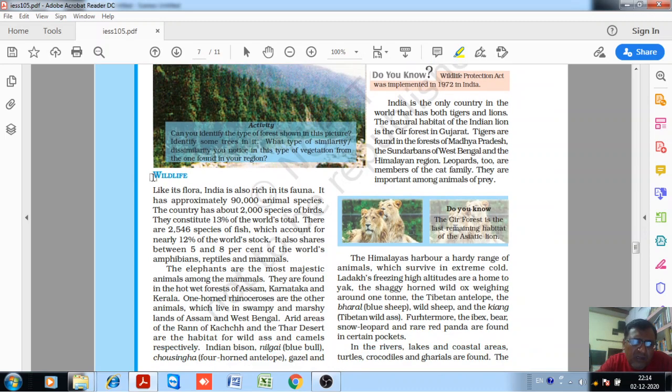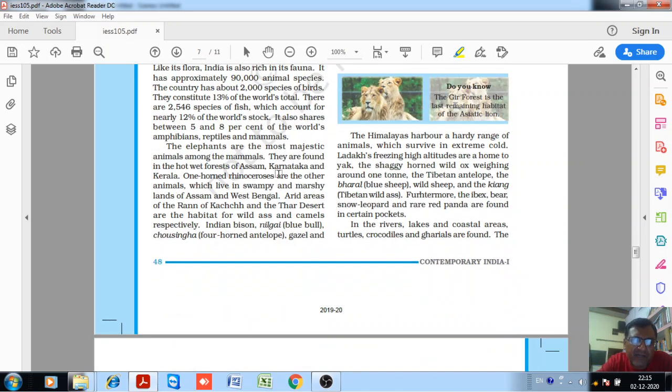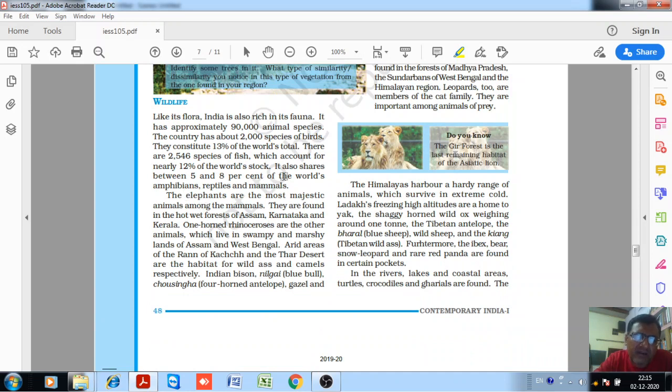Now the other important last topic is wildlife. We have discussed different types of wildlife through the vegetation and different types of forests, but here let's see wildlife in a different manner. Like its flora, India is also rich in its fauna.